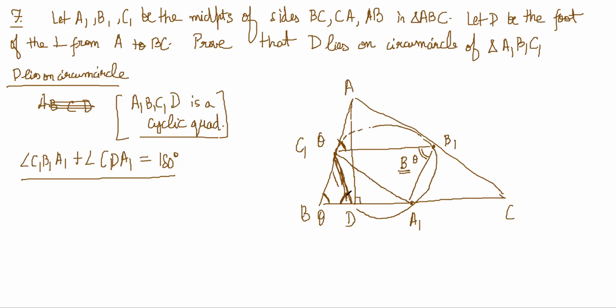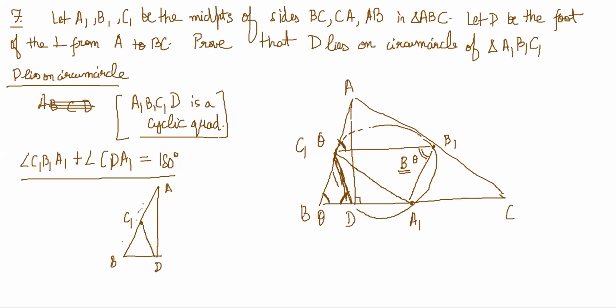That should be B. Now look at the triangle ADB, right angled at D. C1 is the midpoint of the hypotenuse, so C1 is the circumcenter of this triangle.